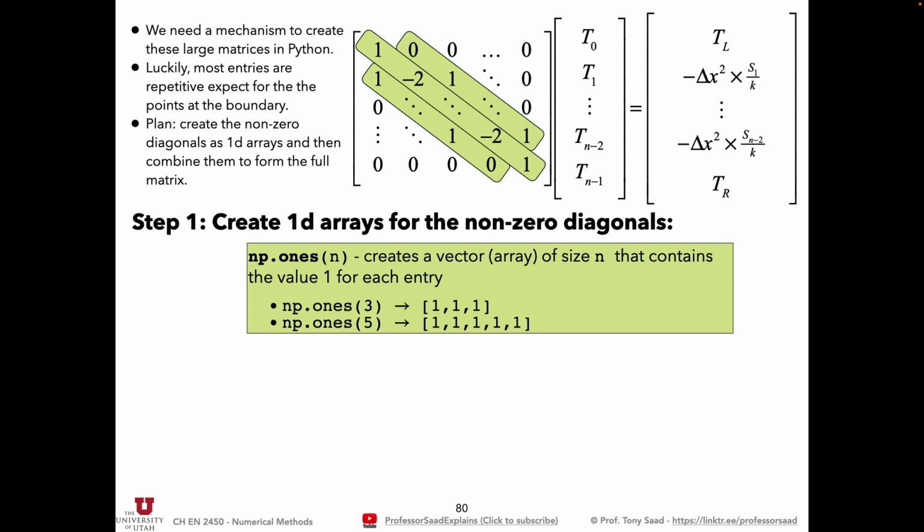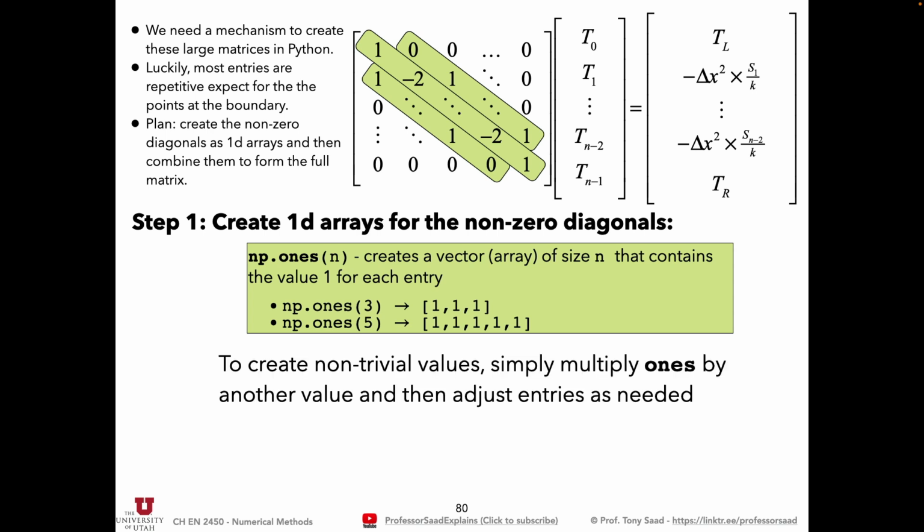So np.ones of 3 creates an array that has 1, 1, 1. np.ones of 5 creates an array that contains 1, 5 times. np.ones of size n, whatever n is, can create an array of ones of size n.